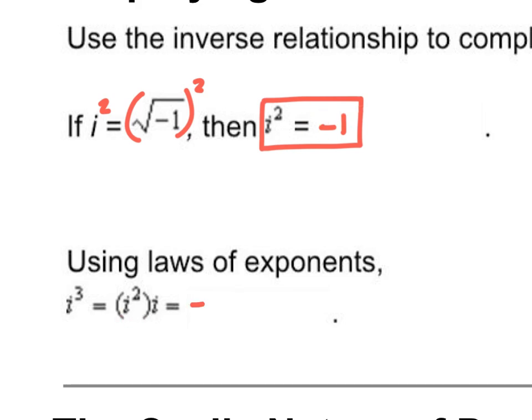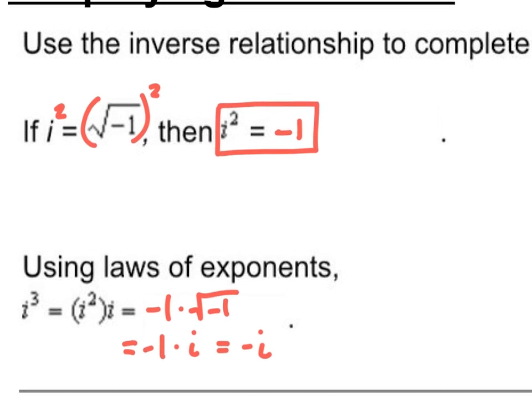So this is -1, and then we multiply that by the square root of -1. We know that the square root of -1 is the number i. So this is really just -1 times i, and -1 times i just gives me -i.